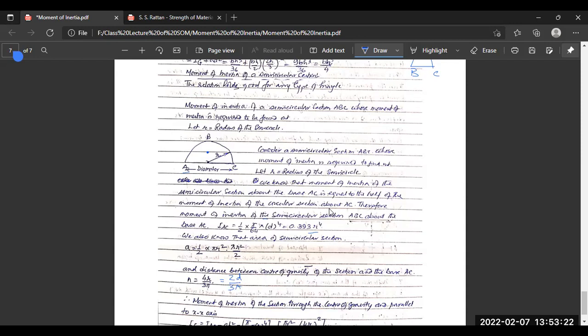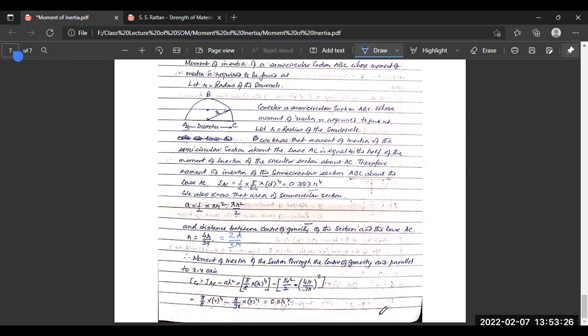This is the distance of the CG of the section. So the moment of inertia of the section through the CG and parallel to the x-axis is IG equal to IAC minus A into d square, where IAC is given here.